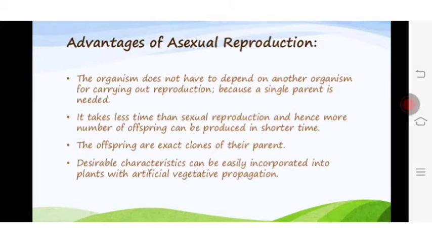It takes less time than sexual reproduction, and hence more offspring can be produced in a shorter time. The offspring are exact clones of their parent. Desirable characteristics can be easily incorporated into plants with artificial vegetative propagation.